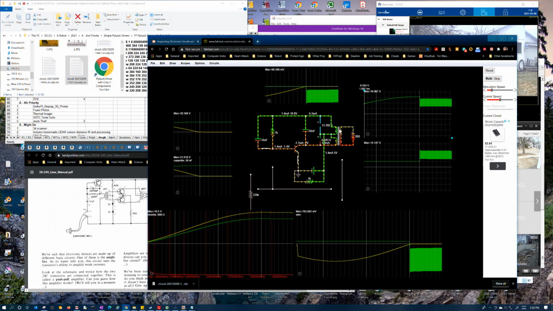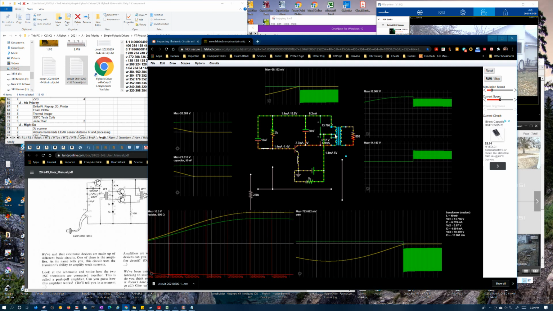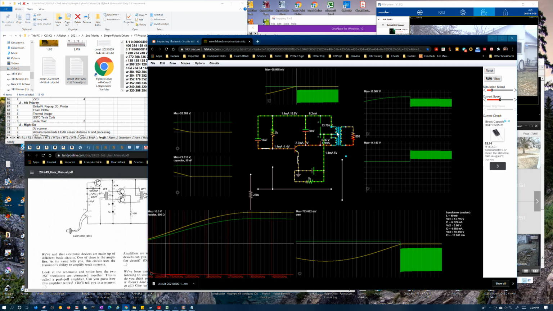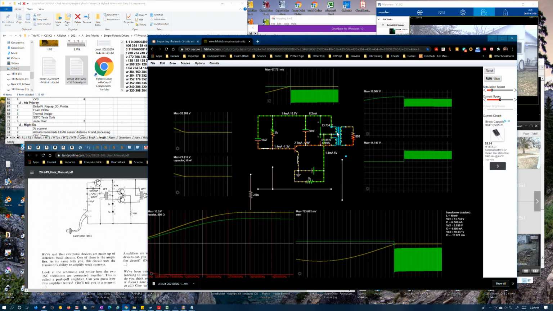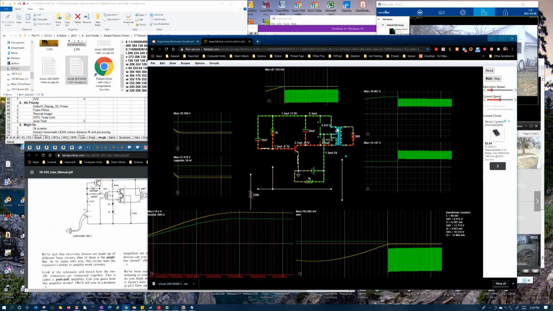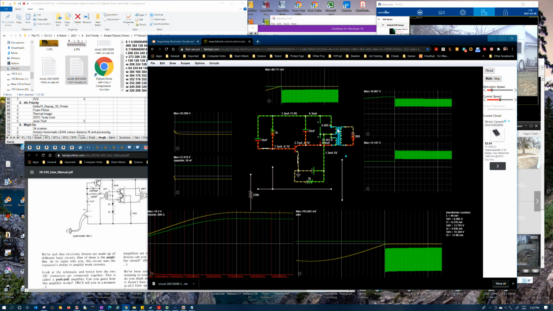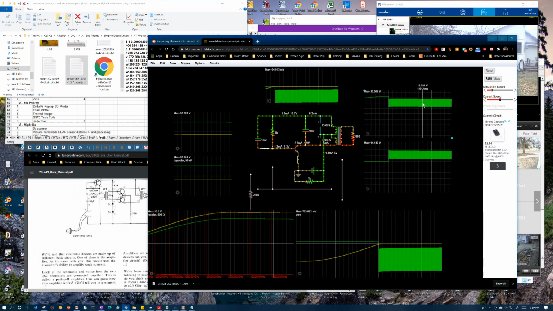The point is that this will only change as the current changes. If the current's not changing, then there's no field being generated, and I think this is where this hash is coming from.